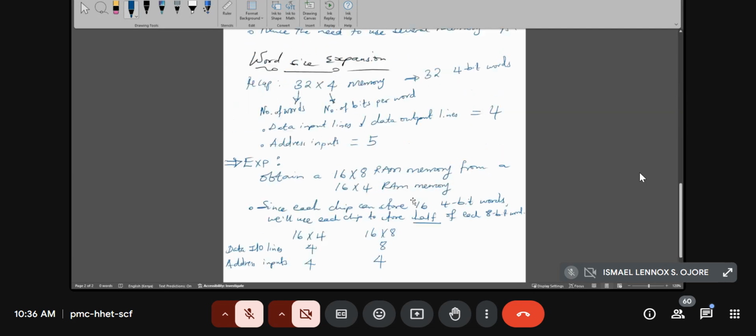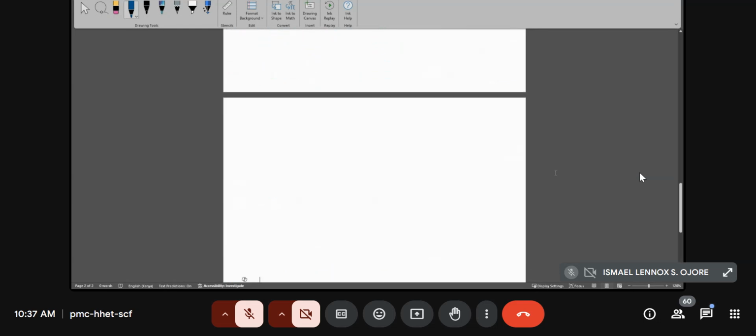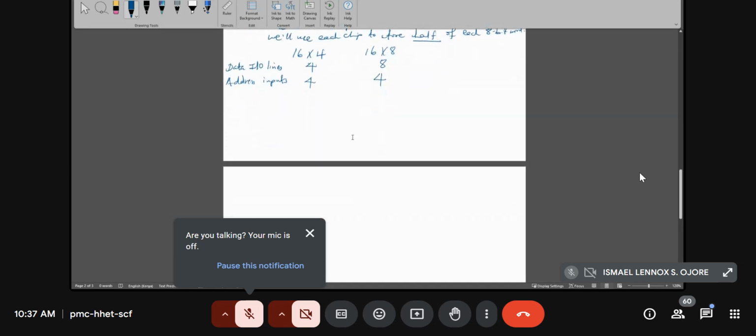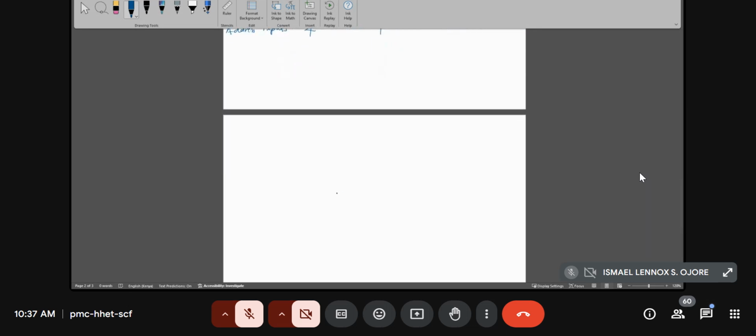So I think that is sufficient detail to be able to determine how we can connect those 2 chips, or how we can obtain a 16 by 8 memory from a 16 by 4. And we have determined we need 2 of them. So we can quickly indicate how that combination would look like. So we have our 2 chips.